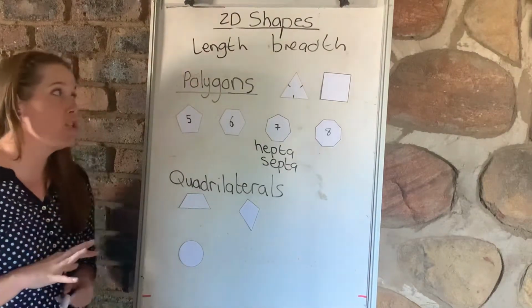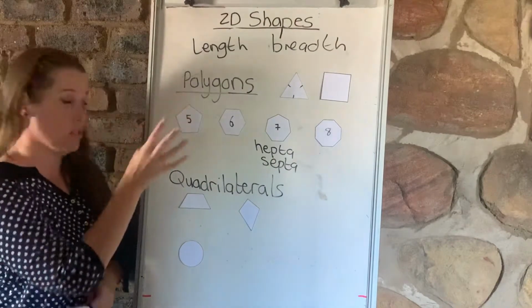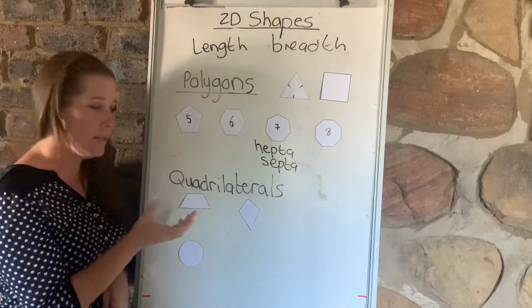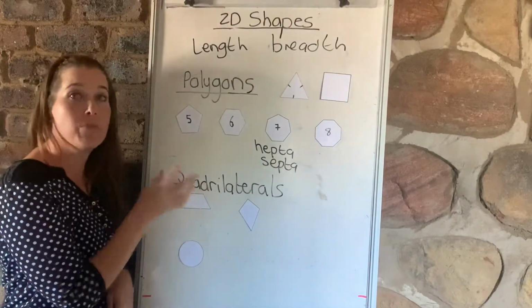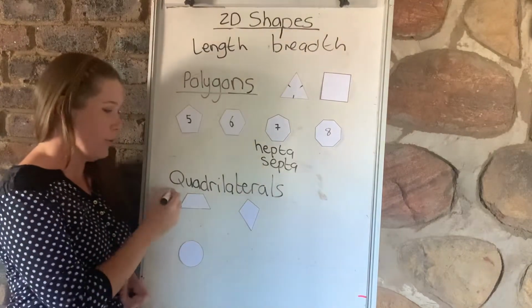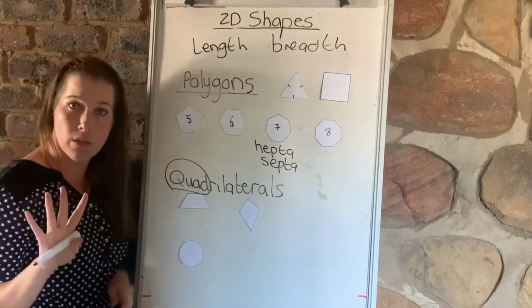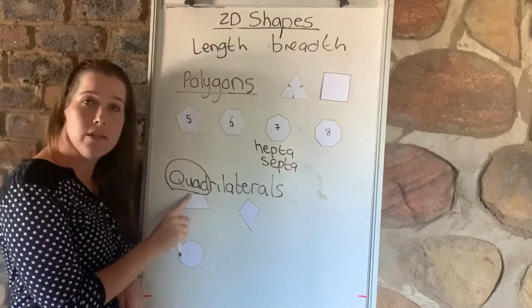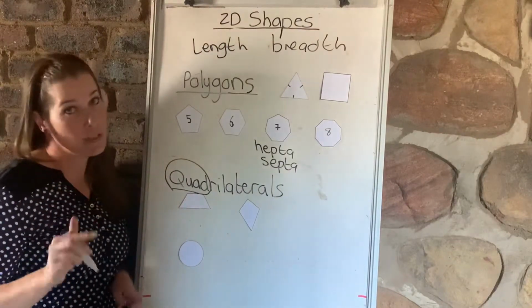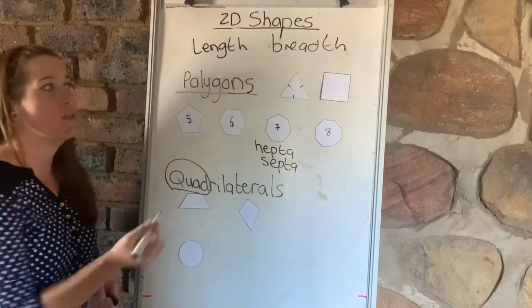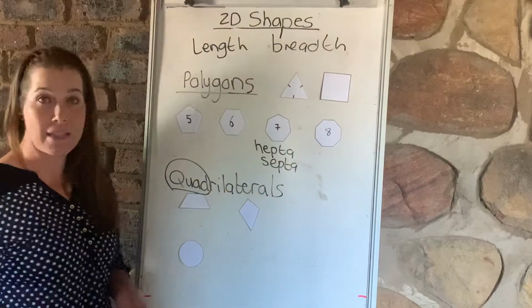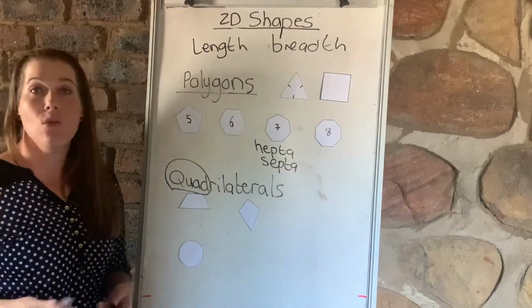Now, a very special part of polygons are quadrilaterals. As the name shows you, quad means 4. You know a quad bike has 4 wheels. So when you hear quad, you think about a shape that has 4 sides. The obvious one is a square or a rectangle, but there are many other quadrilaterals.